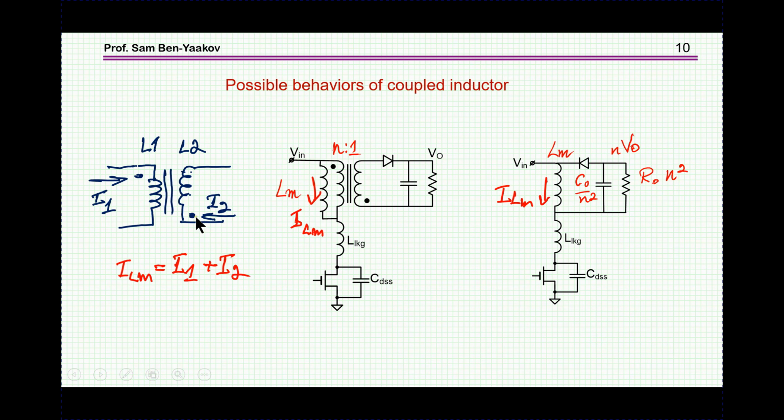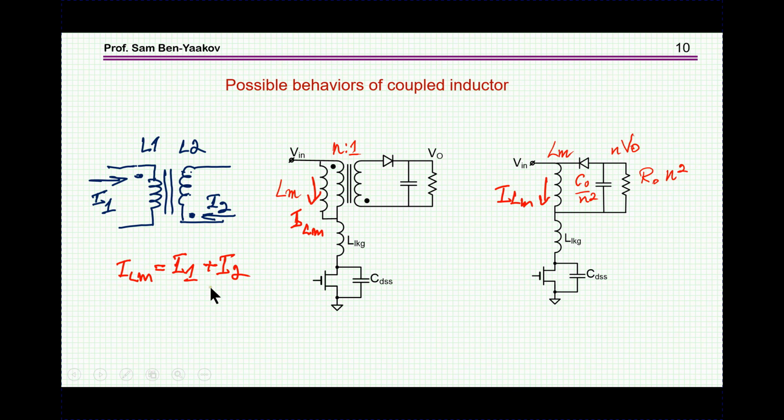Note that both of them are going into the dots. It's not like a transformer. In a transformer, one is going in, one is going out, and they are actually canceling each other. Here, I'm showing the case in which two currents are going in. So the inductance of the structure is magnetized, or energy is stored, by I1 plus I2. This is for a one-to-one ratio, otherwise you have to take into account the transfer ratio.